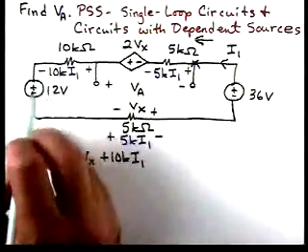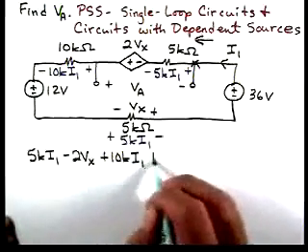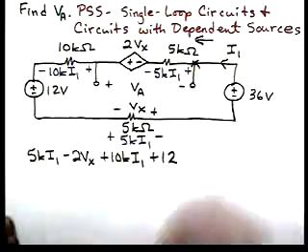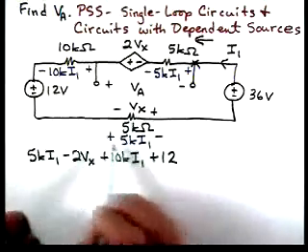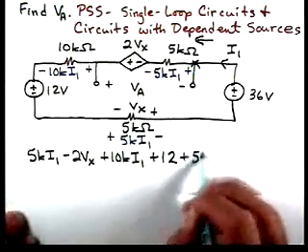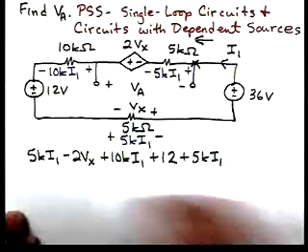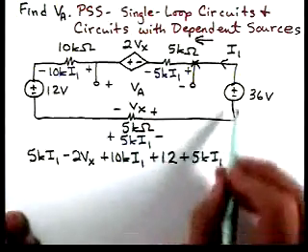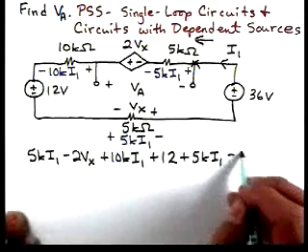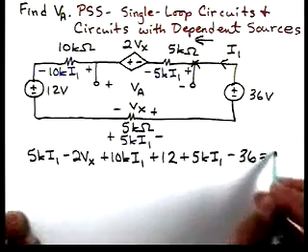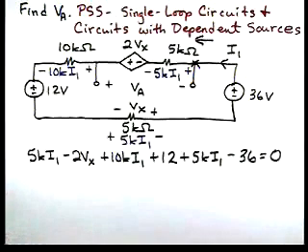As we come around, we hit the plus sign on that 12-volt source, so we have plus 12. Then for this resistor, we'll have 5K I1. And then as we come around to this source, we hit the negative sign, so we have a voltage rise, and we write that as minus 36 equal to 0.